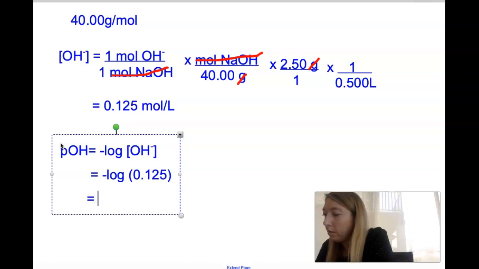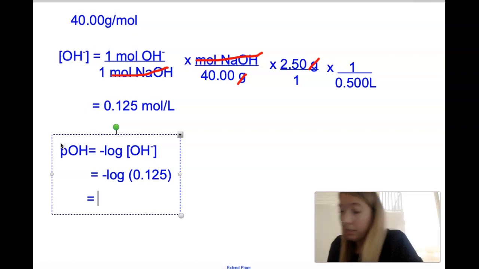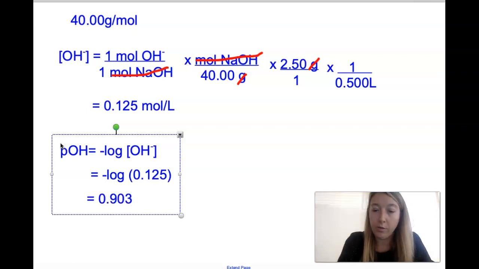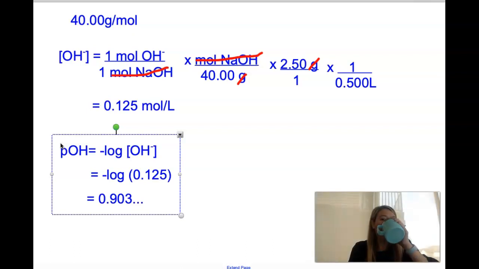The negative log of my answer gives me 0.903, and that number keeps going. I'm just going to put the ... so that I know that I'm still using that entire number in my calculator. I don't want to round for significant digits until I'm completely done with the question.